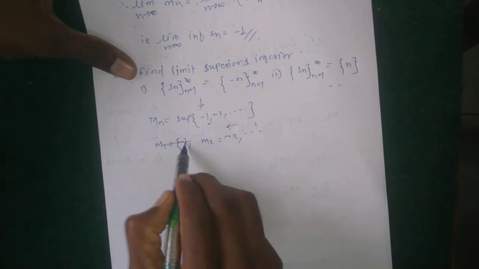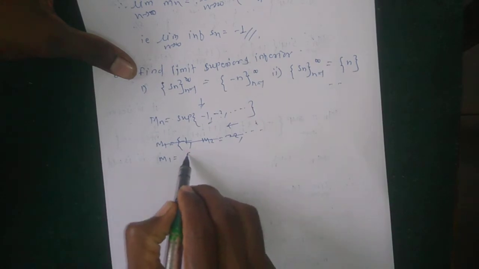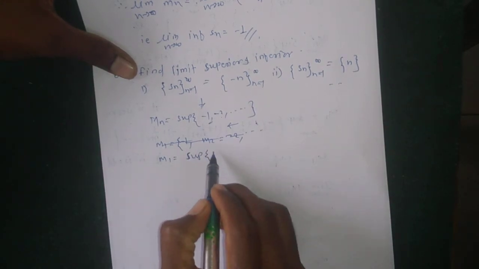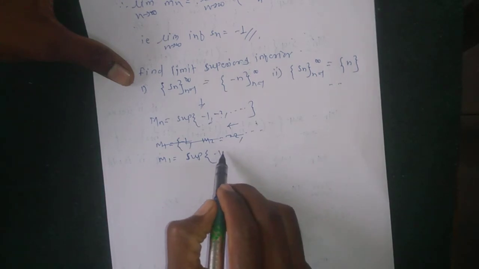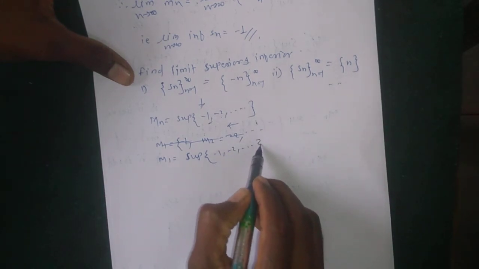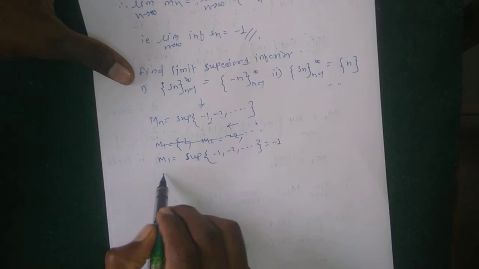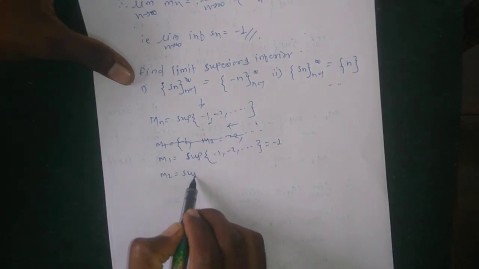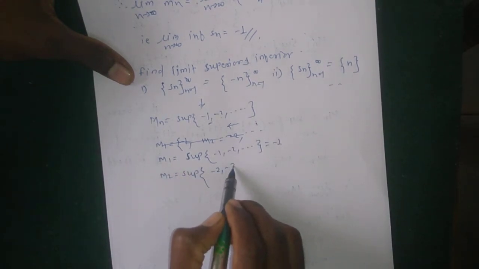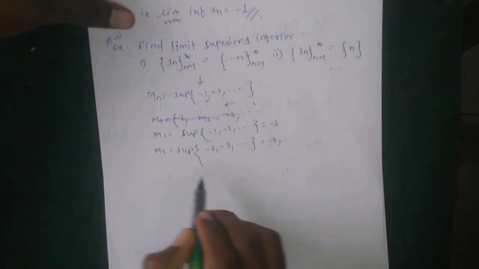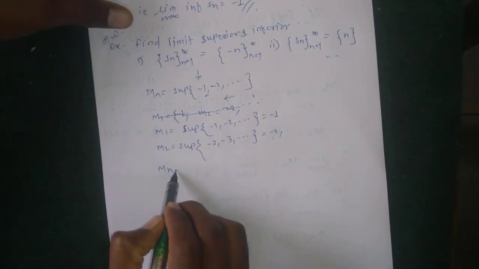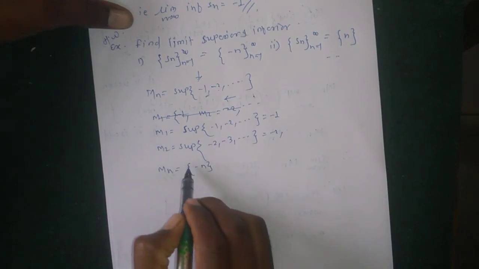Here we write directly: m1 is equal to the supremum of minus 1, minus 2, and so on, so we get minus 1. Then m2 is equal to the supremum of minus 2, minus 3, so we get minus 2, and in this way Mn is equal to minus n.